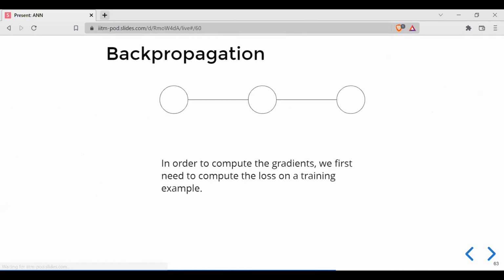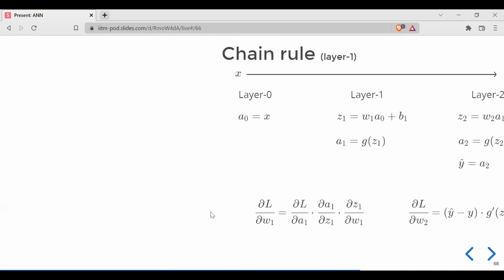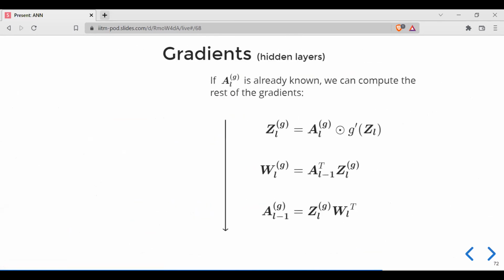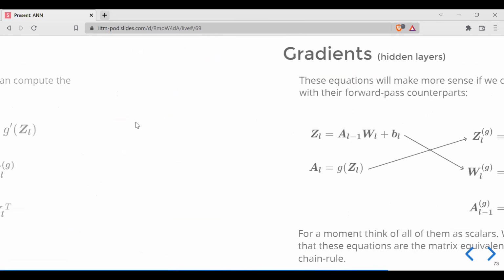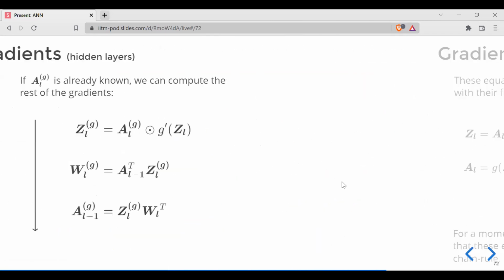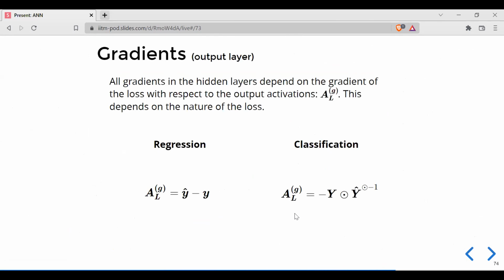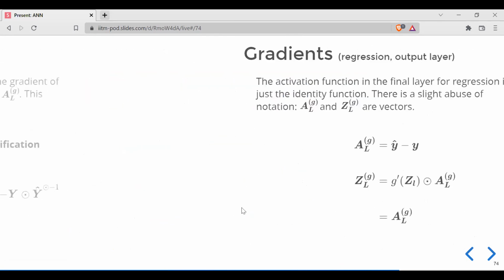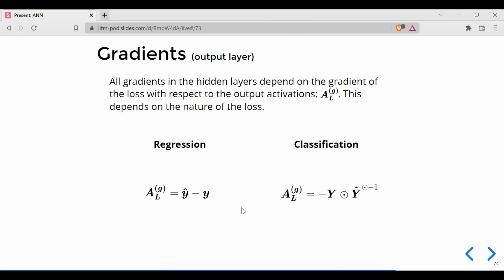I'm not sure about this, I have to confirm it, then only I can comment. But this product, I'm pretty sure, is the element-wise product. Maybe it's elemental signs.